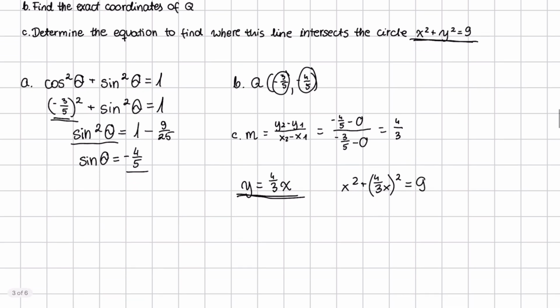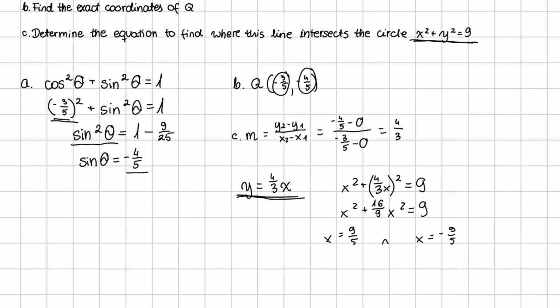So we have x squared plus 16 over 9, because also we have to raise to the second power the fraction, not only x, equals 9. And now we can type it into solver and find x. So we have two x's, we have 9/5 and negative 9/5.